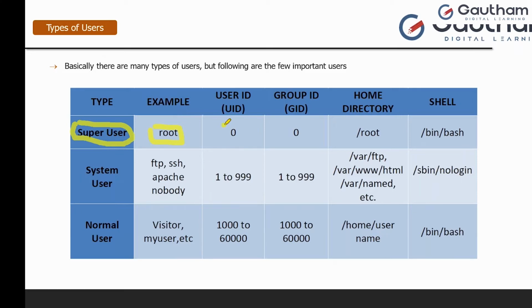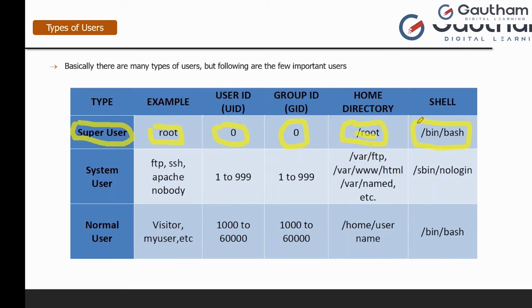The user ID always reserved for root is 0, 0 as a user ID and 0 as a group ID, and the home directory of root will be /root. So whenever you log in to a Linux environment using root, you will be automatically taken into /root as it is the home directory. And root uses a very common shell called bash shell.